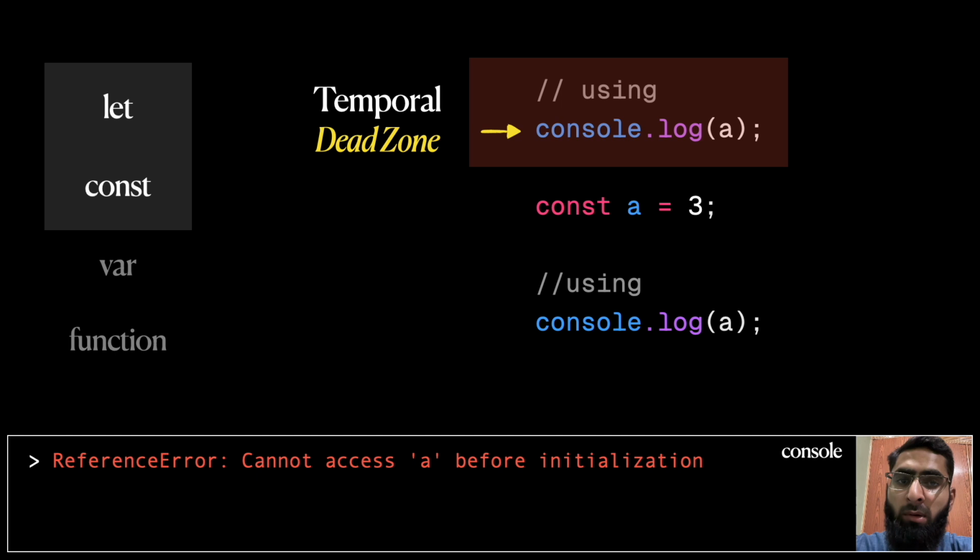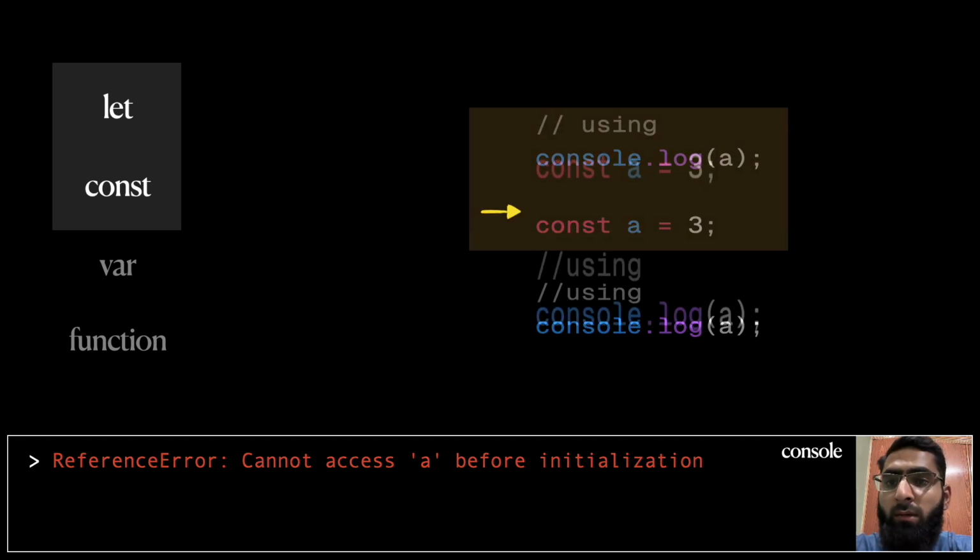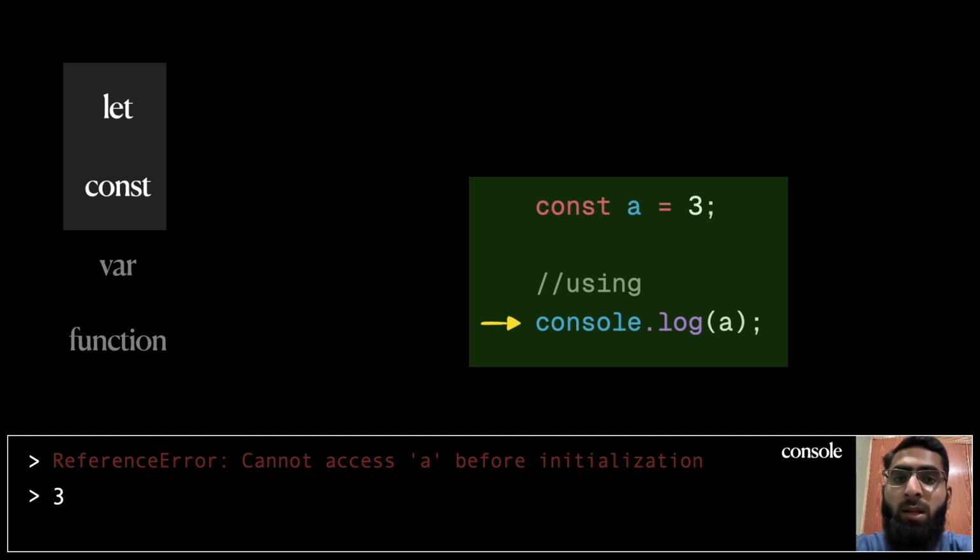In the temporal dead zone, the value of the declaration cannot be accessed, hence the reference error you are seeing here. Now it follows that execution will get terminated at this point. But if the other part was to be executed without this line, and our execution passes the declaration, when we reach the second console log statement, we see the result 3 in the console as expected.